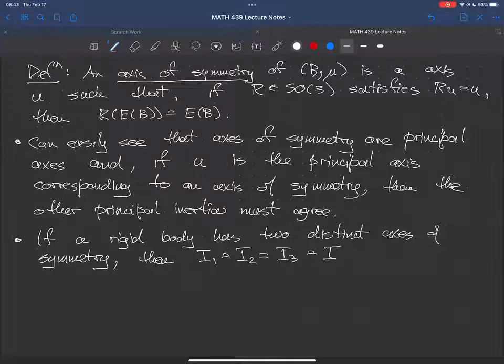Okay, so there's just some number I, which is the only inertia of the system, and IC of U is simply this number I times U. So in other words, the inertia tensor is just a multiple of the identity.